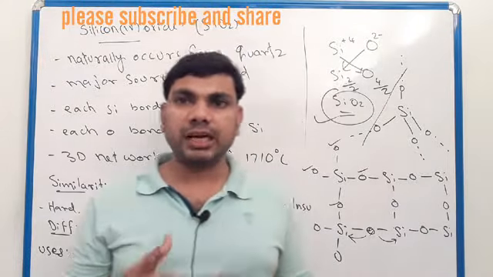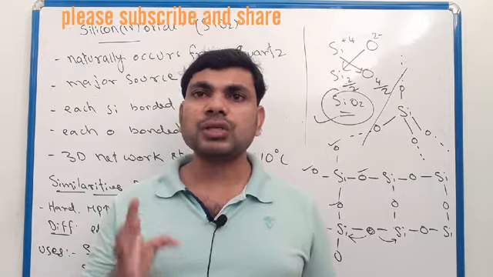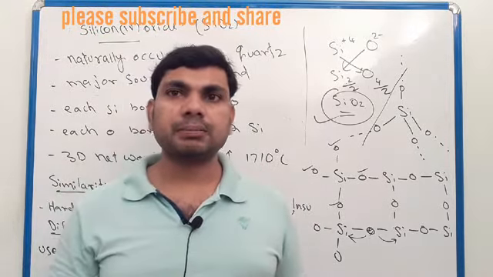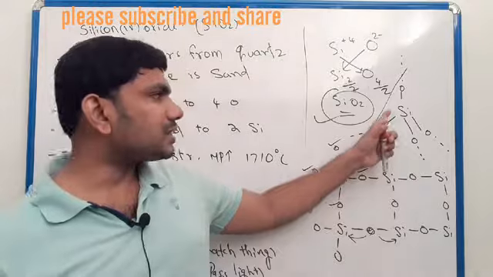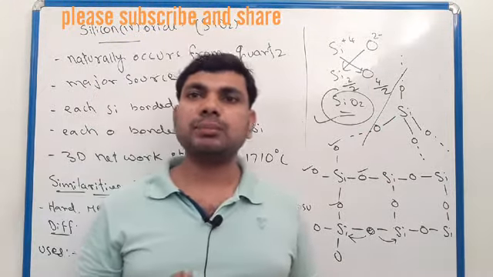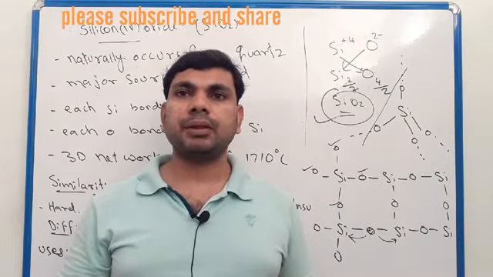We discussed diamond. In diamond, one carbon atom makes 4 strong covalent bonds with adjacent carbon atoms. Similarly here, one silicon makes 4 strong covalent bonds with adjacent 4 oxygen atoms.